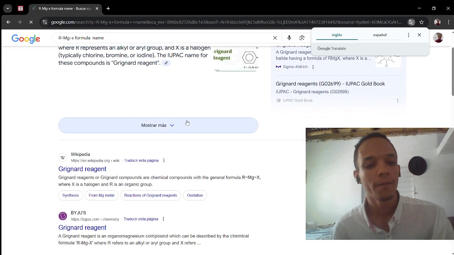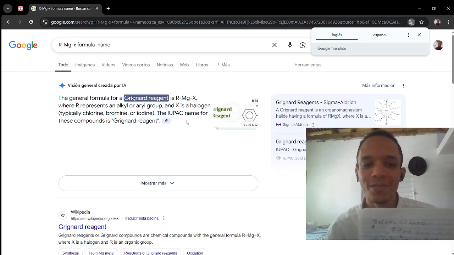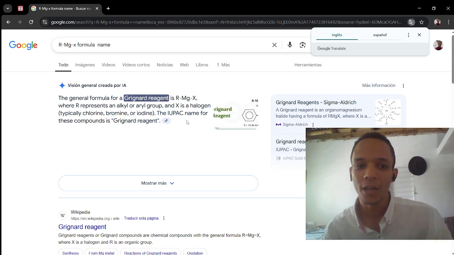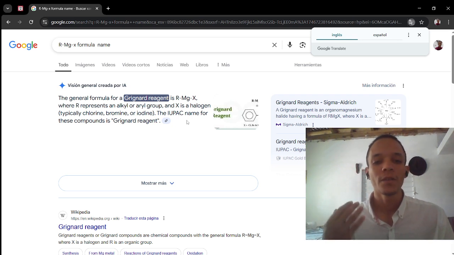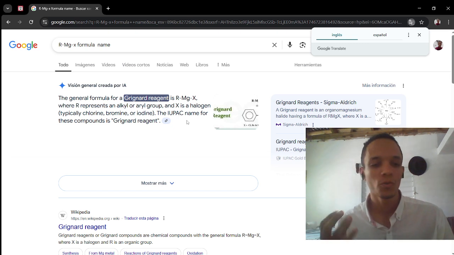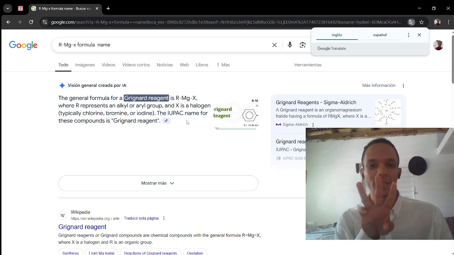Grignard formula. Okay, and this Grignard formula is a representation of a group of halogens which contains chlorine, bromine, and iodine. But also, sometimes it is just a way to represent a formula of three terms.